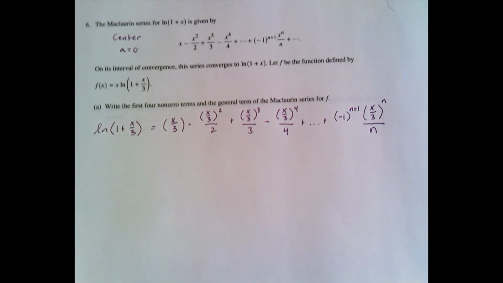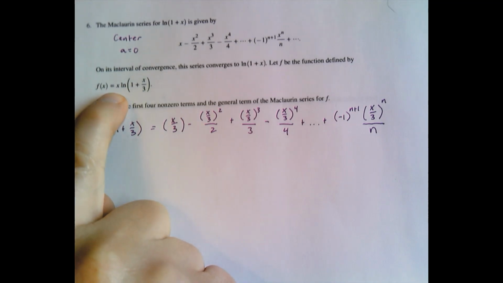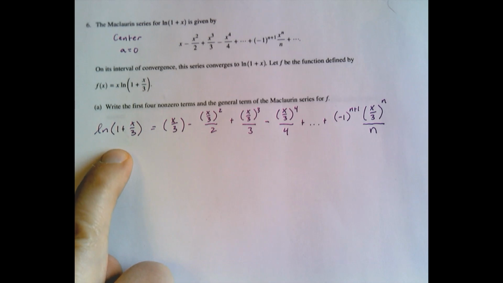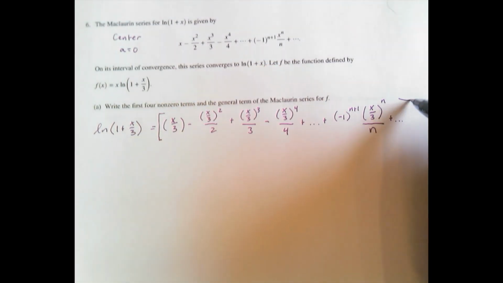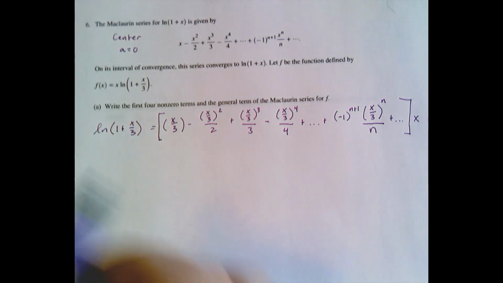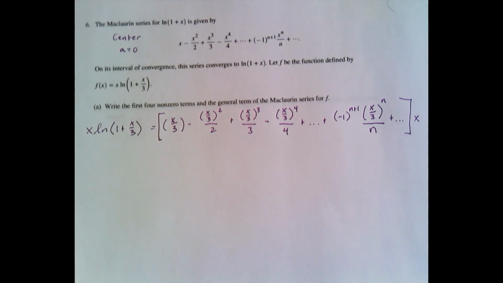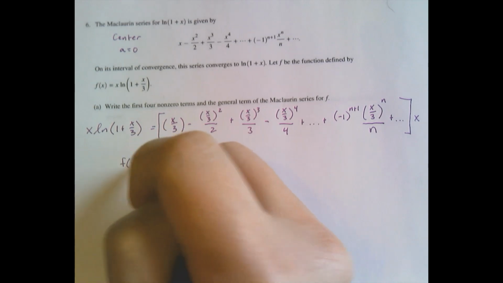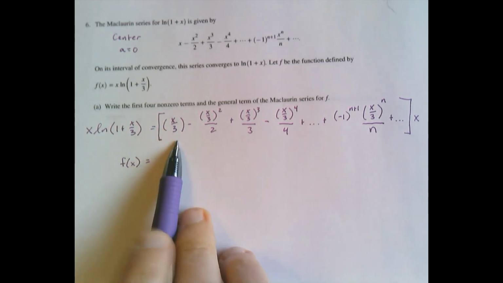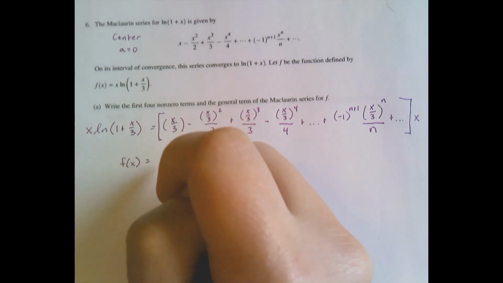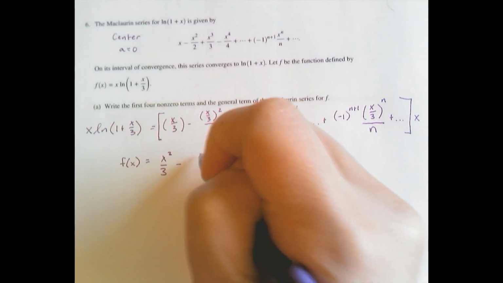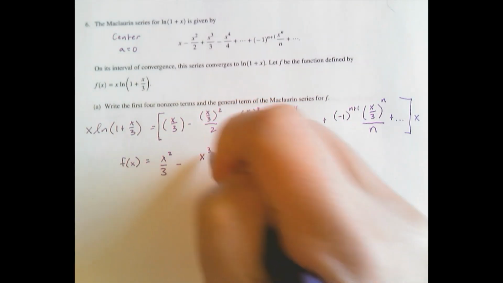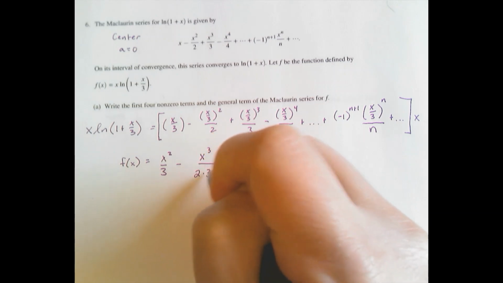Then we want to multiply this expression by x. So we can take the entirety of this expression and multiply this all by x to get the desired expression. So f of x is equal to x times x over 3, which is x squared over 3. X times x squared gives us x to the third over 2 times 3 squared.